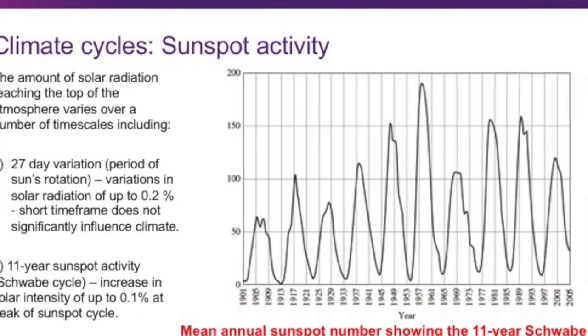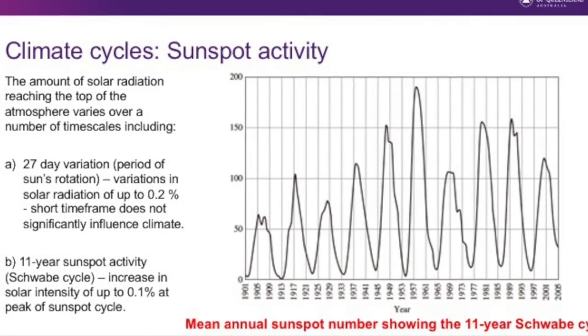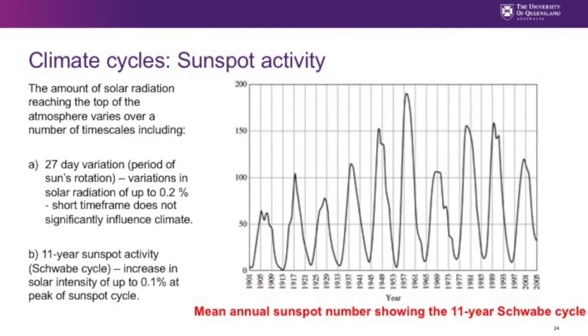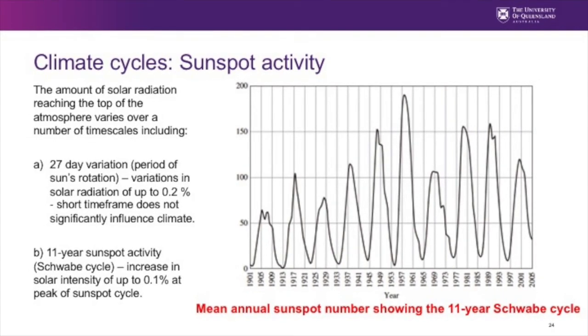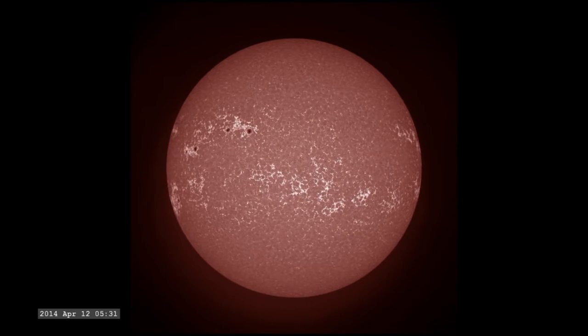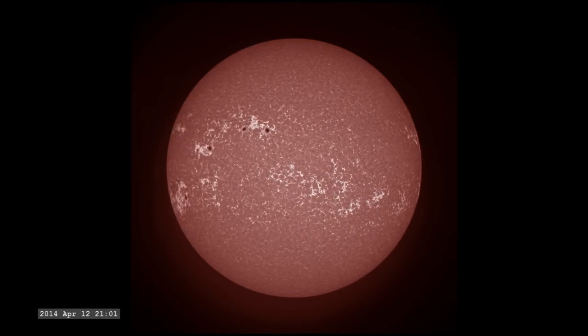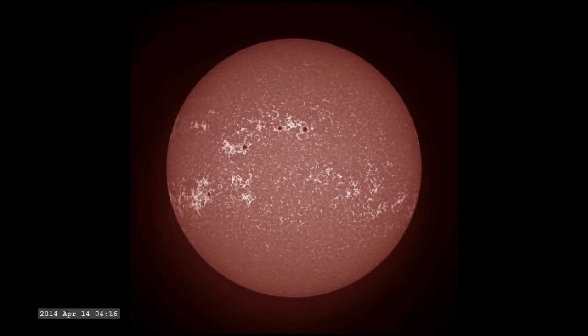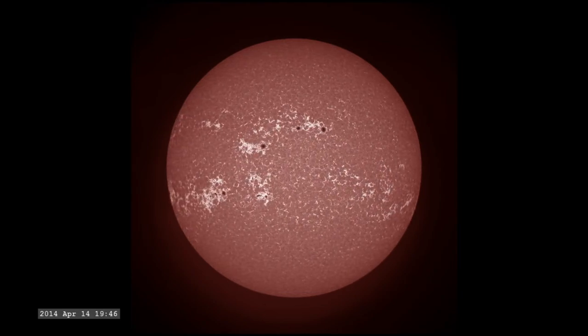But the incoming solar radiation also has another factor that affects it. This factor is the variations in the intensity of radiation emitted from the sun itself. For example, the sun spins on its axis, making one complete rotation every 27 days.